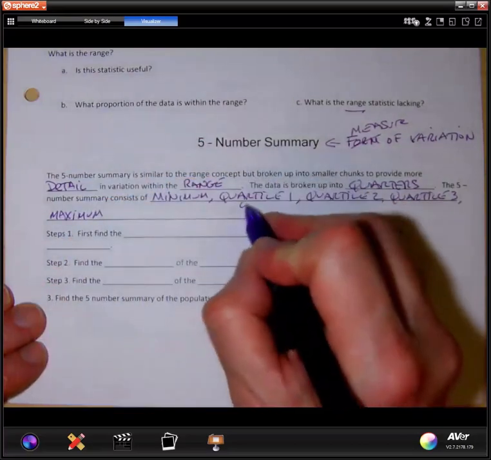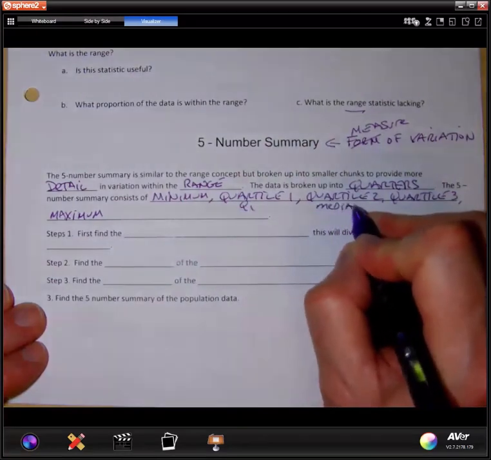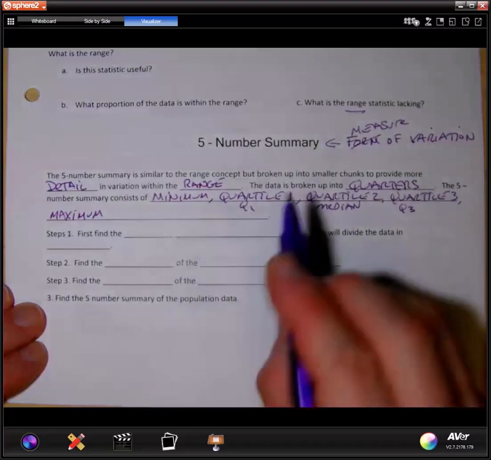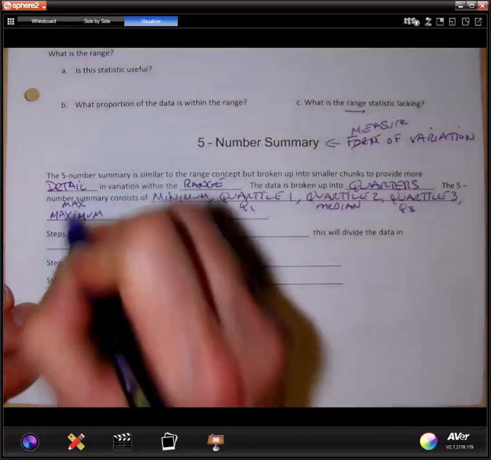Now quartile 1 can be expressed as Q1, quartile 2 is known as the median, and quartile 3 is abbreviated Q3. Minimum, sometimes you'll see it as min, and this is max, no surprise.